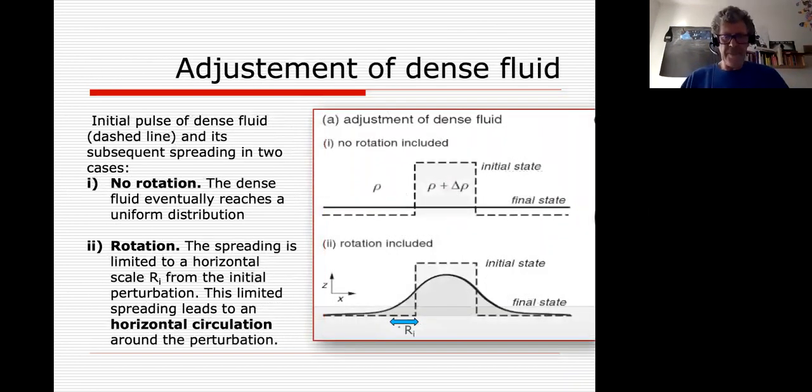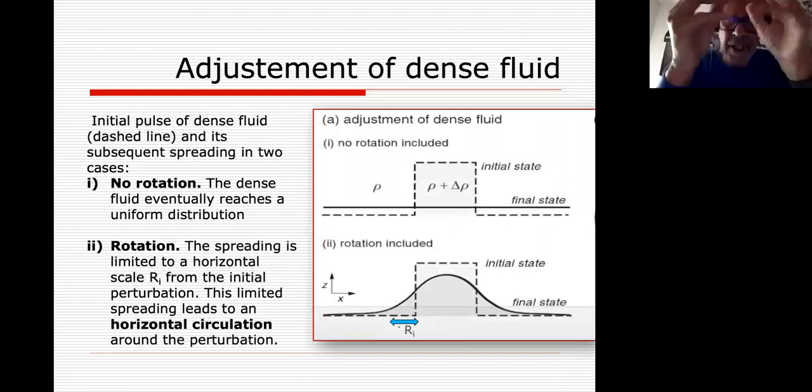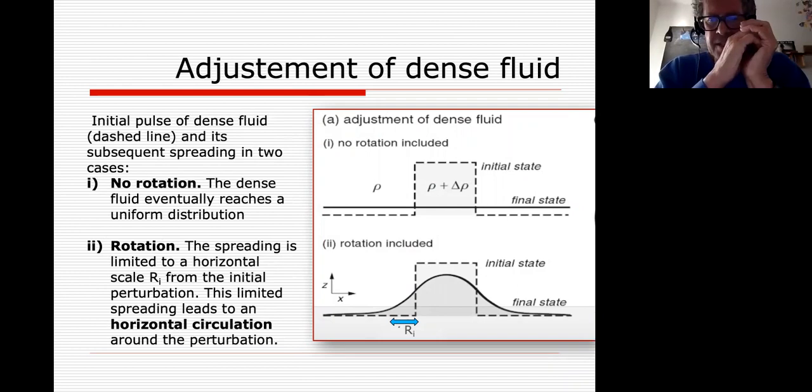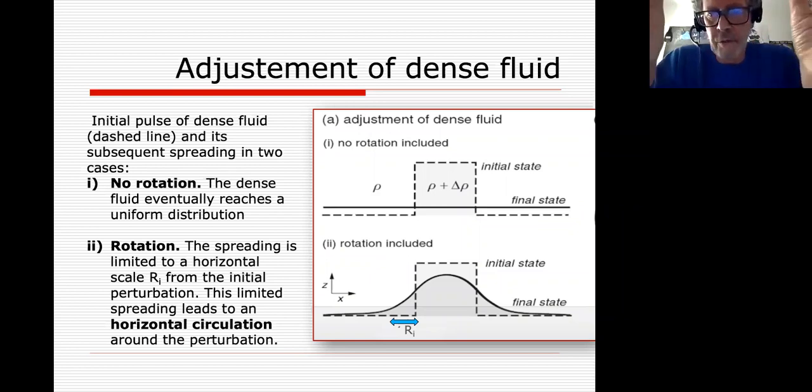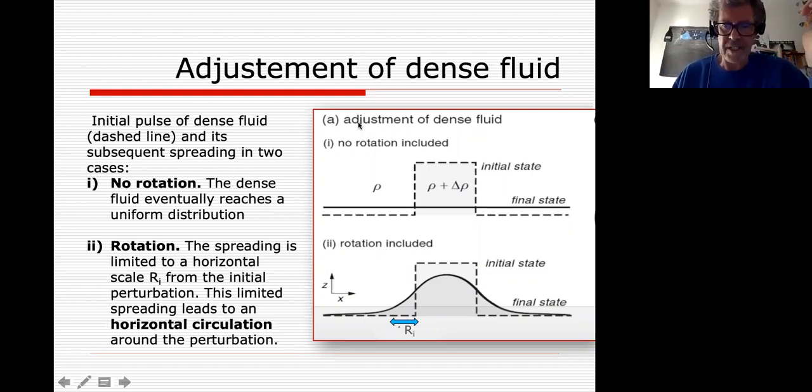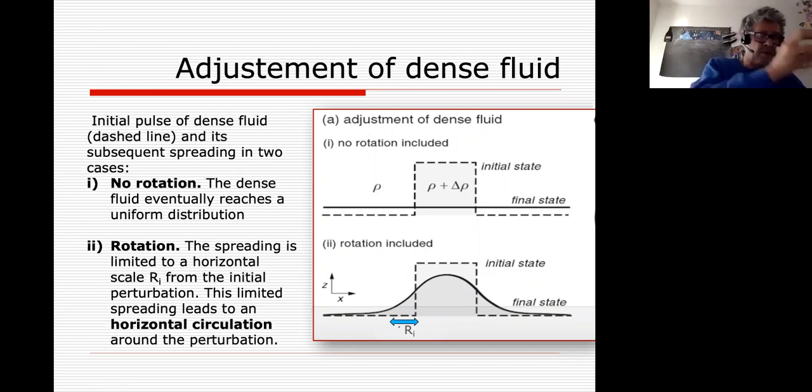And another way to look at this is the fact that when you have a pulse or box-like anomaly in density in a two-layer fluid, as we have here, dashed line, it is more or less what happens when you have a displacement of a water parcel from one equilibrium state, where the water parcel is denser, and it is moved in a lighter fluid, toward a lighter isopycnal.